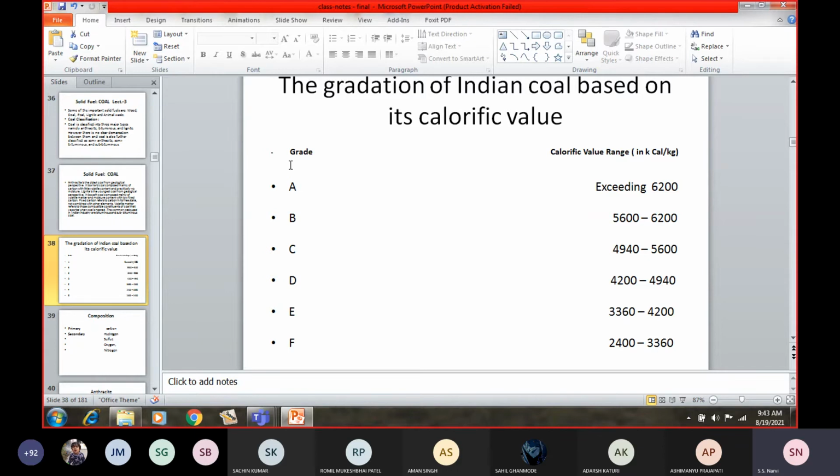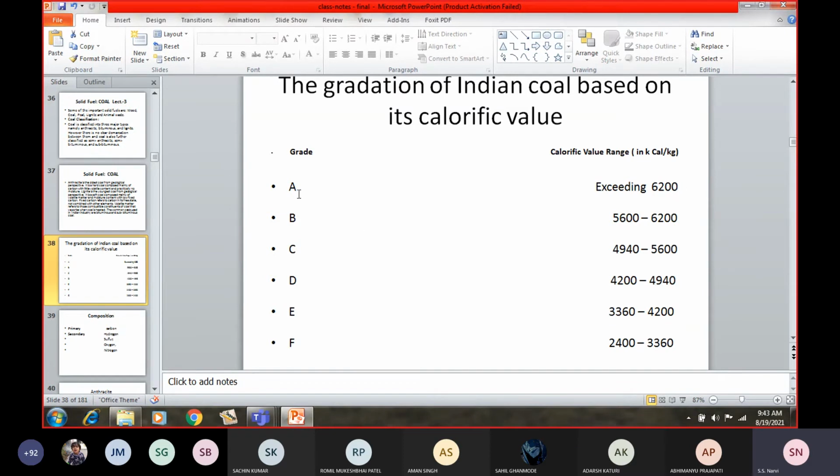You see, the calorific value of anthracite coal is much higher, isn't it? It is more than 8,000 to 9,000 kilocalories per kg for anthracite, remaining from 2,500 onward up to 6,500 for bituminous type of coal.